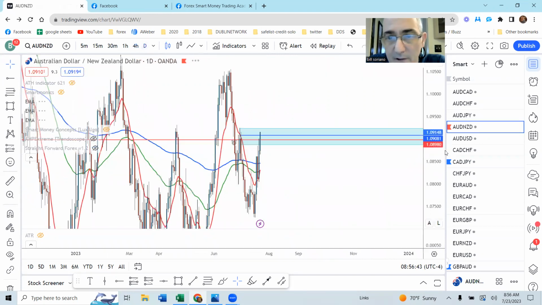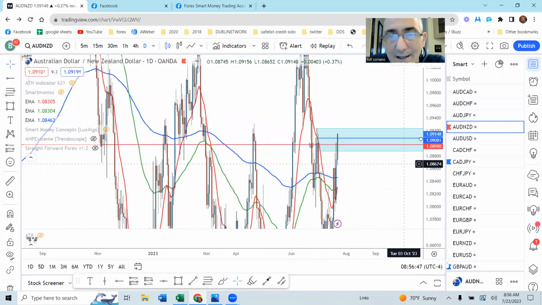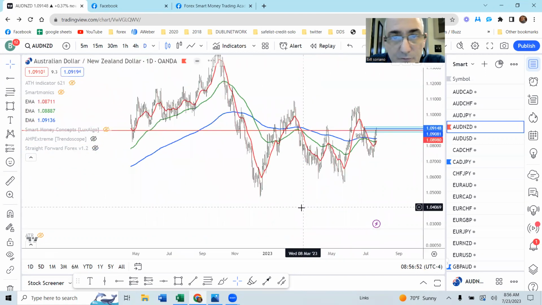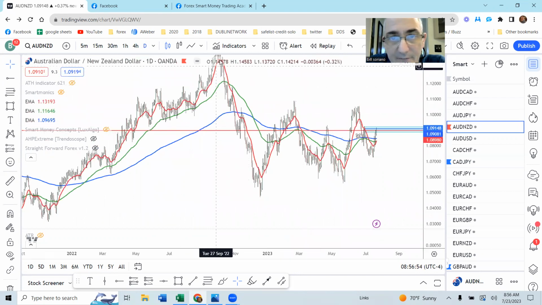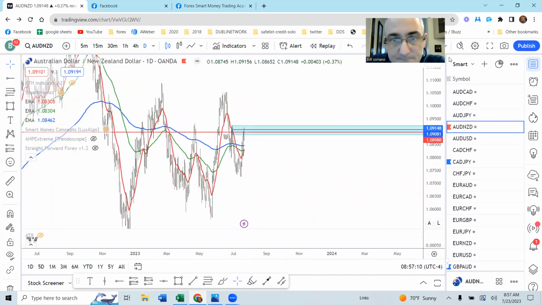If we look on the daily, it's a little bit hard to see this order flow, but if you scroll out, you can see that the last bigger move was definitely to the downside. It then tried to recover, but couldn't, and it's kind of been consolidating inside of this move from here to here. So we're looking at bearish order flow right now.